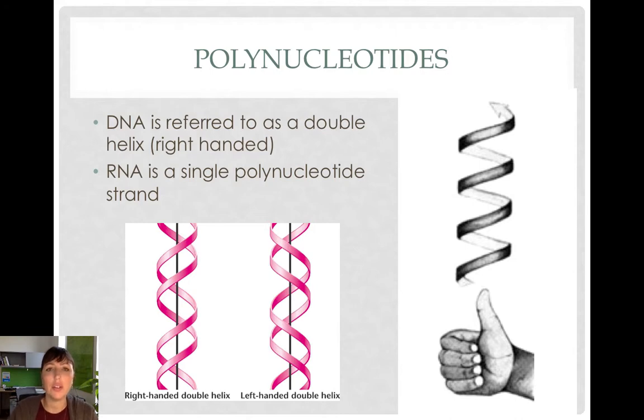So DNA is referred to as a double helix, and it is called right-handed. Normal, standard, typical DNA is right-handed. In this image on the left, this person has their right hand doing a thumbs up, and the helix would go around the outside of the thumb to twist up, okay? And RNA is a single polynucleotide strand, instead of being that double helix.